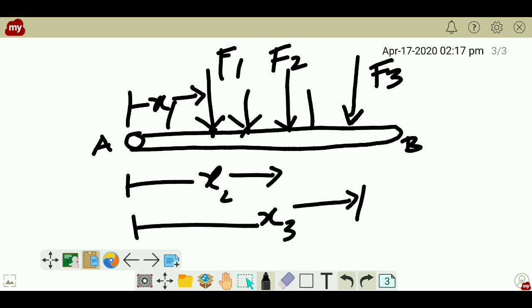When we sum up all these forces to find the resultant, it will give the final force, which is nothing but the resultant force. The resultant force also acts on the same lever. We don't know where it is acting. Let us say it is at x distance, right?